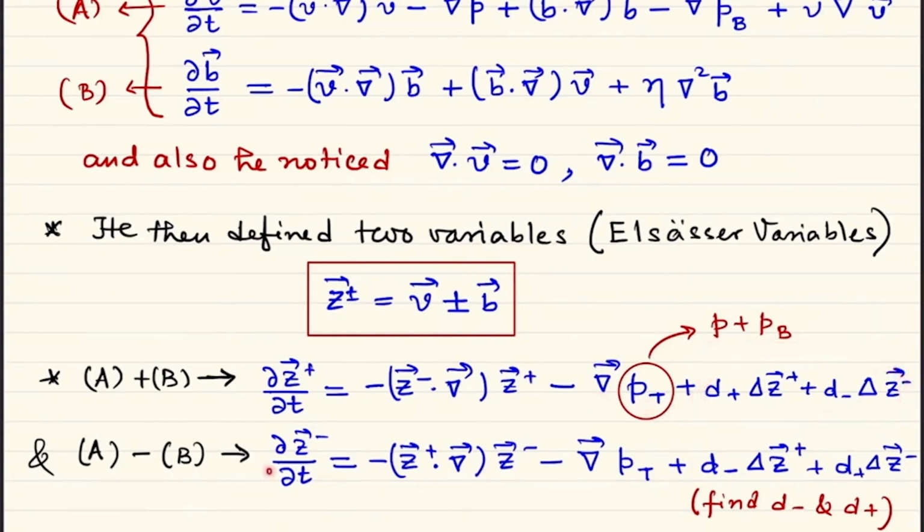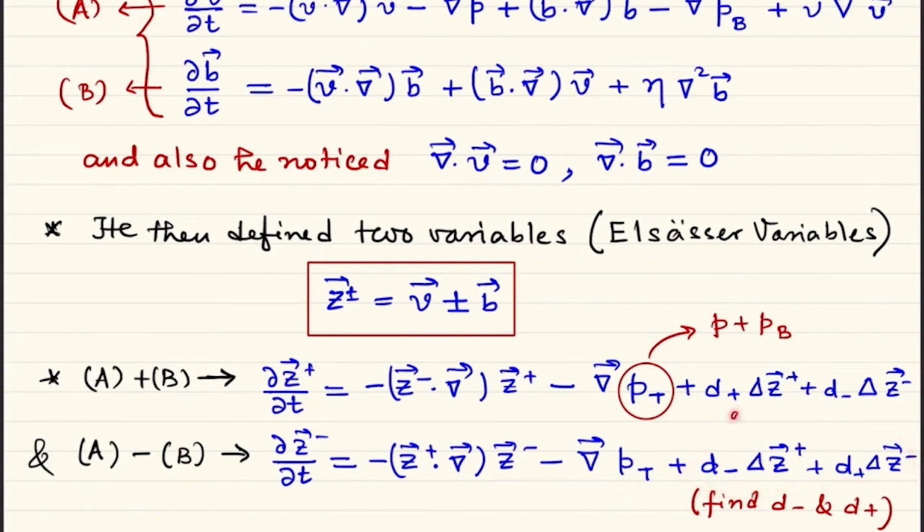And for ∂Z−/∂t, we have minus Z plus dot nabla Z minus, minus gradient of P total plus this total dissipation term.